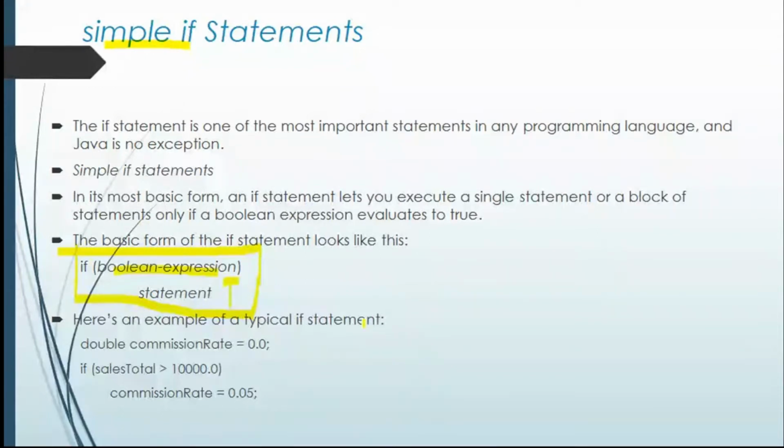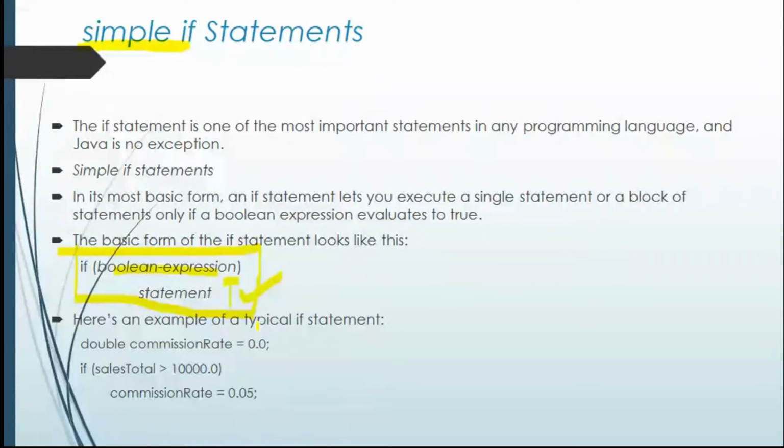Again, what are Boolean expressions? Boolean expressions are conditions. If you write a condition, it will evaluate to either true or false. Simple if allows us to execute a statement if the condition is true. But what if the condition is false? Nothing will be done. That's why it's so simple that it will have only one option.